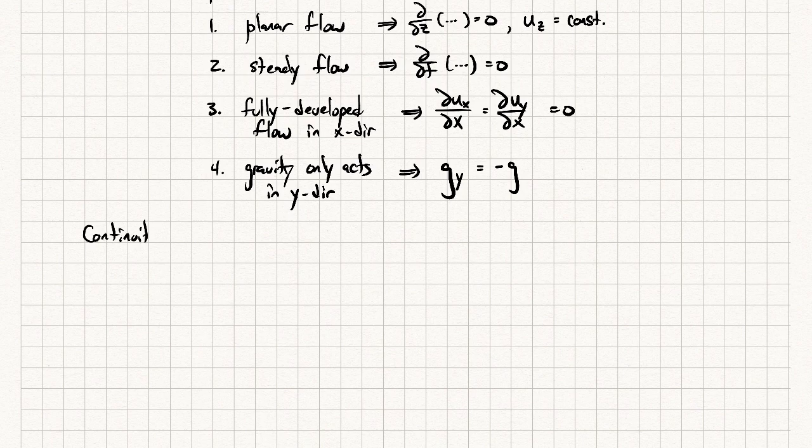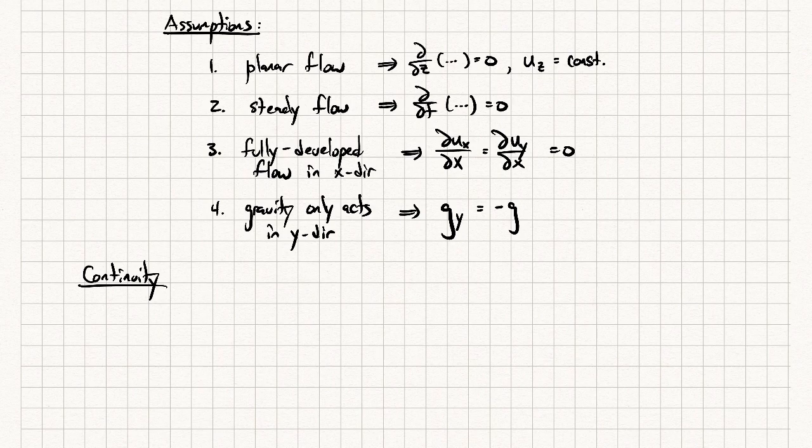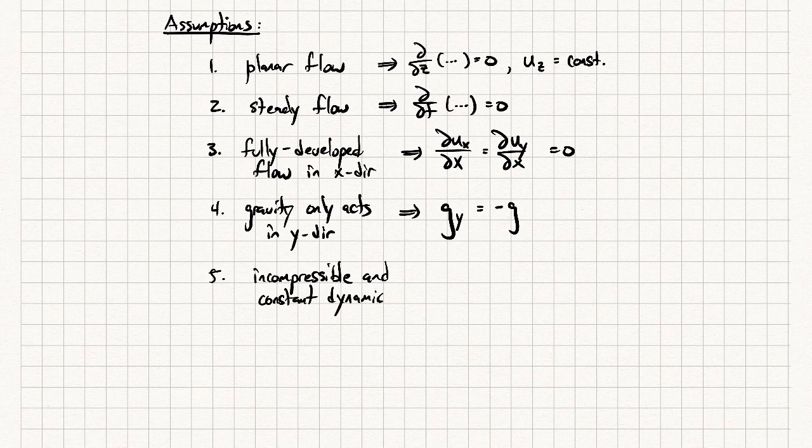We know that for any flow field, we have to always satisfy conservation of mass, or the continuity equation. So for this planar flow, I should make another assumption as well. Assumption number 5 is that we're dealing with an incompressible, and I'll also say constant dynamic viscosity fluid.